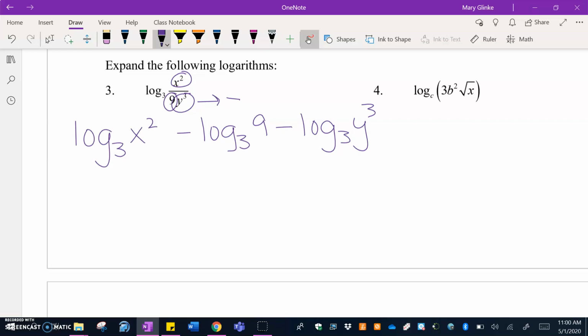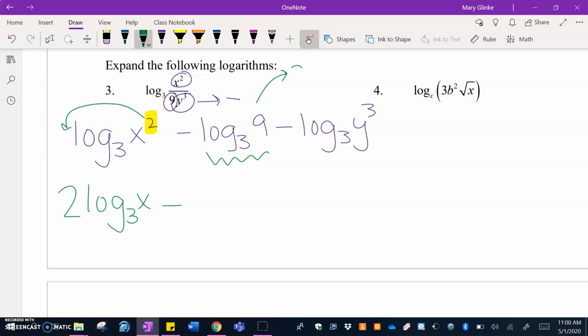And now we have to figure out what can be simplified. So we're going to go problem by problem. This first one has that square. So we're going to bring that square out in front and write it as 2 log base 3 of x minus the log base 3 of 9. Anything with numbers, ask yourself, can that actually simplify at all?